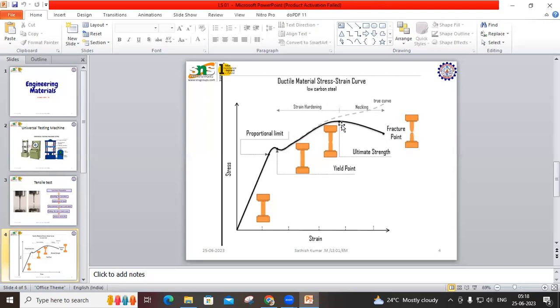A lot of engineering components fail at one point, where there may be loss of life or catastrophic failure. To avoid this, every engineering material is subjected to different mechanical property tests. And this is one of the beautiful tests which our students will see practically in our lab.